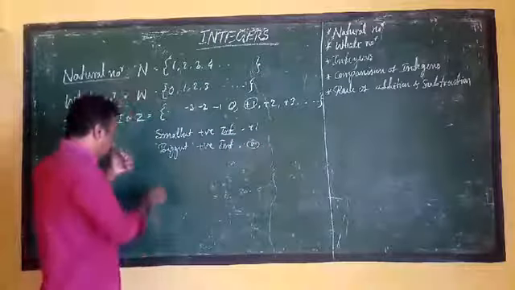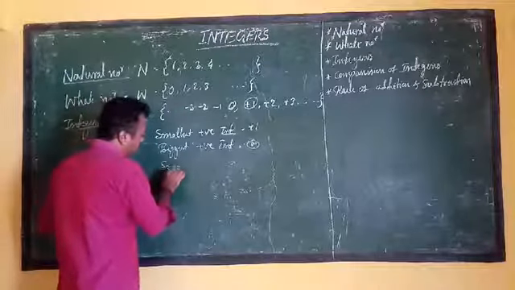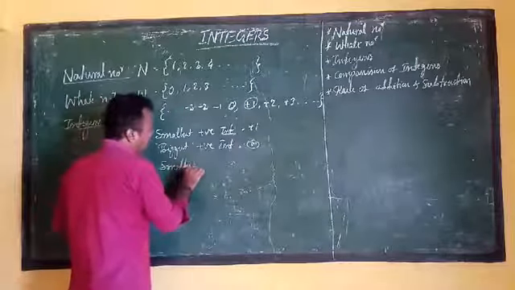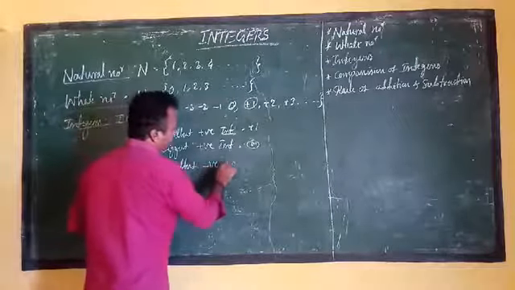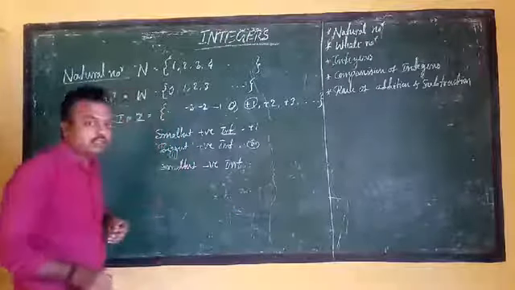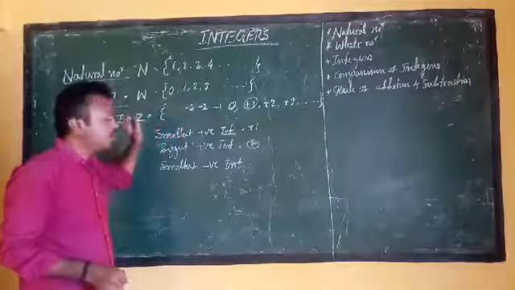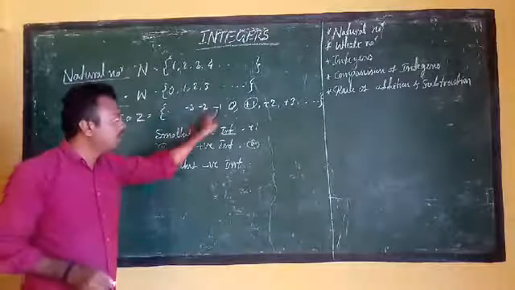Okay. So next, the smallest negative integer. Can you find the smallest negative integer? -1, -2, -3, -4, and so on. So which is the smallest? Compare -1 and -2.